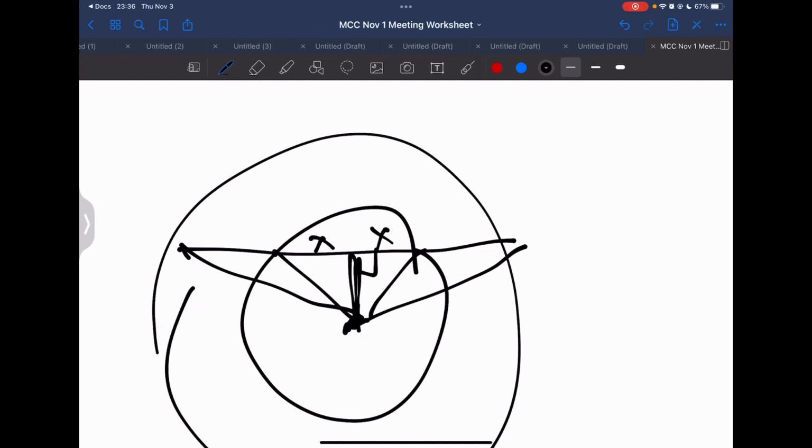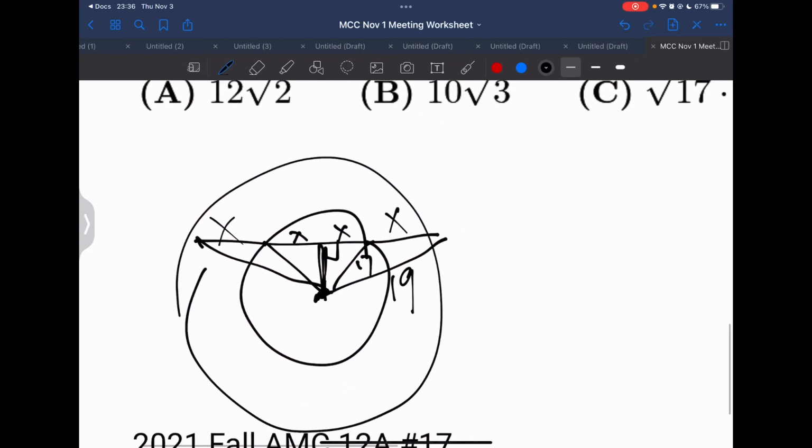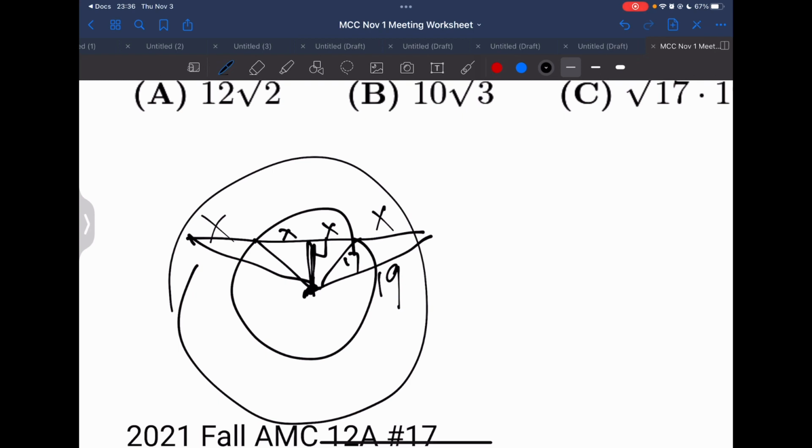And because the smaller chord is half of the larger chord, this is also x and that is also x. The radius is 19 for the larger circle and 17 for the smaller one. And because here it's a right angle because of the perpendicular line, we can use the Pythagorean theorem.